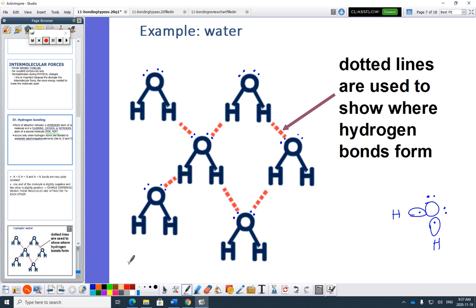Those pairs of electrons are so repulsive, their negative charge is so great that it repels and pushes all the atoms away from it. So in a water molecule, the oxygen has the lone pairs, so its slightly negative side would be up here, and the hydrogens at the bottom would be the slightly positive.